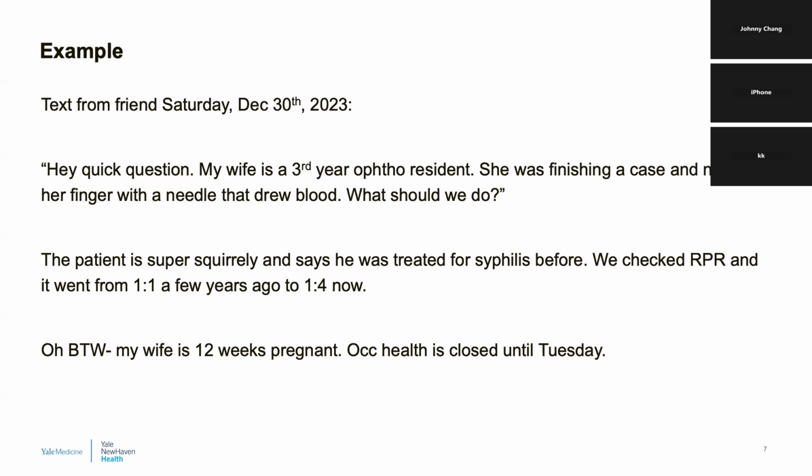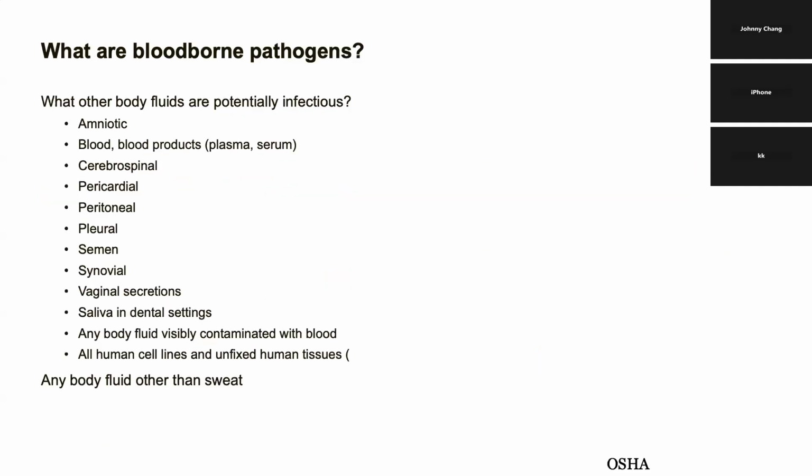Is that safe in a baby? OC Health is closed. So these are some of the things our team thinks about, and an example of cases we get where we try to stratify how infectious the source patient is, and not just worry about HIV, Hep B, and Hep C. And then what do we do for that recipient who got stuck with the needle, in the safest and cleanest way possible?